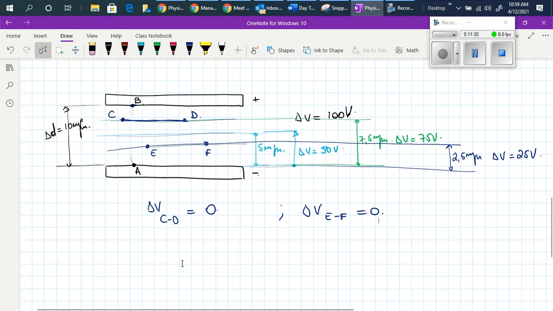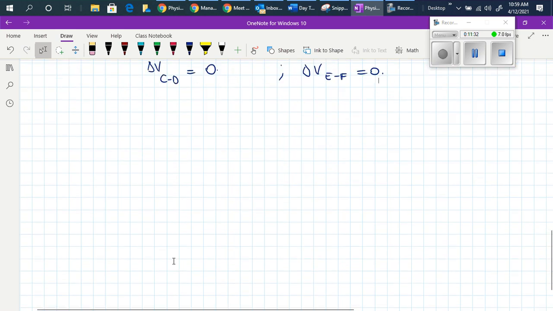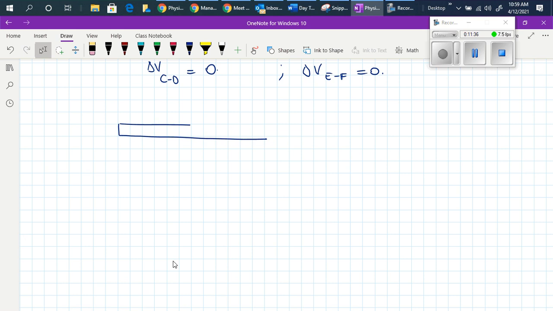So now if we suppose that we have two parallel plates that have a difference of voltage between each other, let's suppose that this is positive and this is negative.